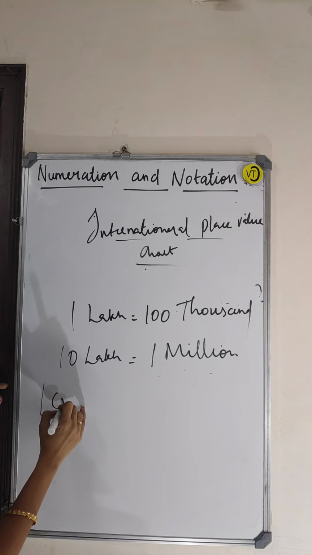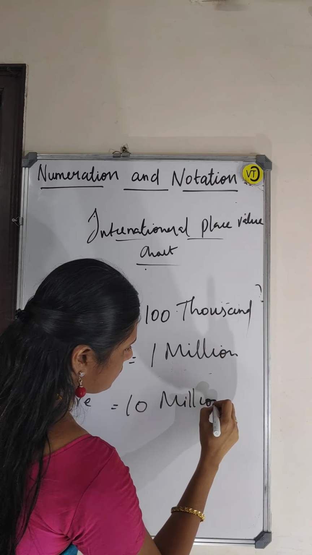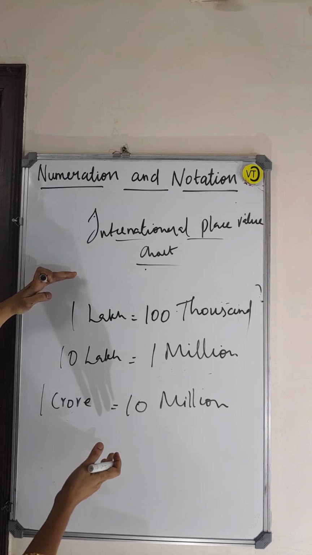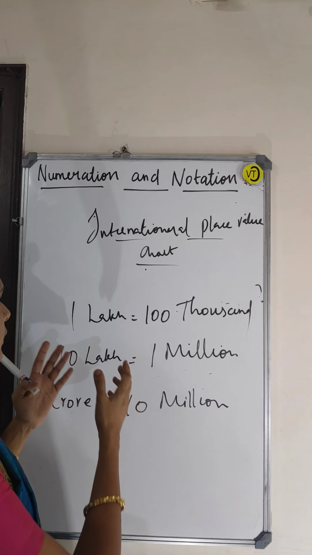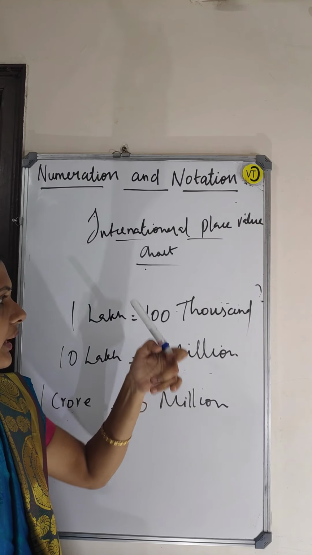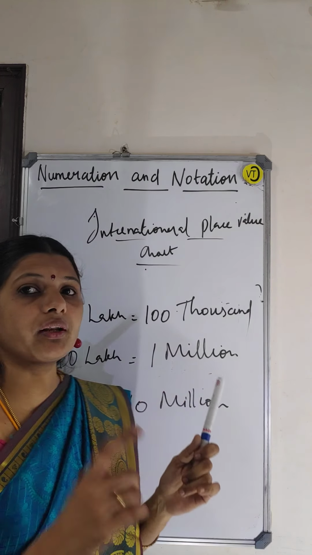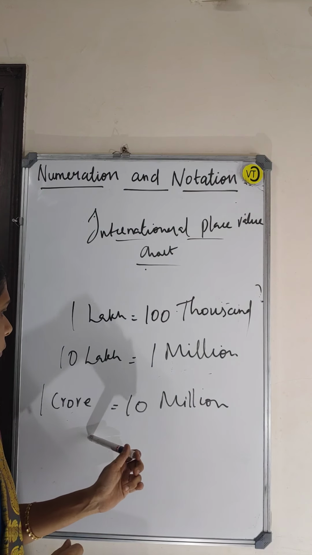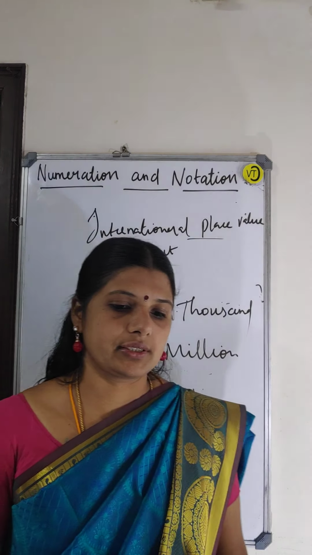Next, 1 crore is equal to 10 million. So you have to know some of these comparisons. 1 lakh, they will call 100,000. 10 lakhs, they will call 1 million. So 1 crore in the Indian system, they will call 10 million.